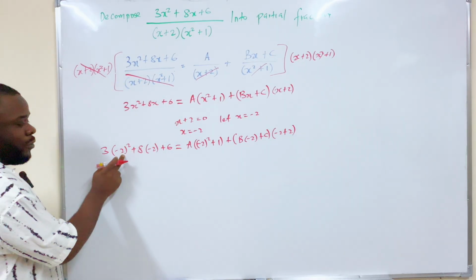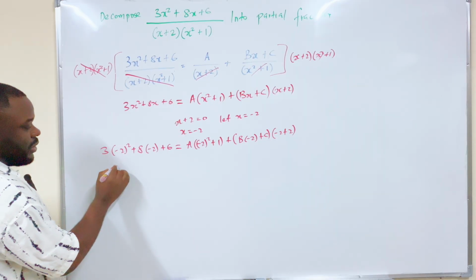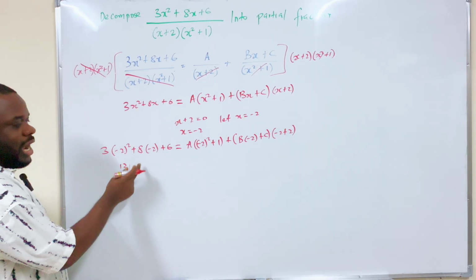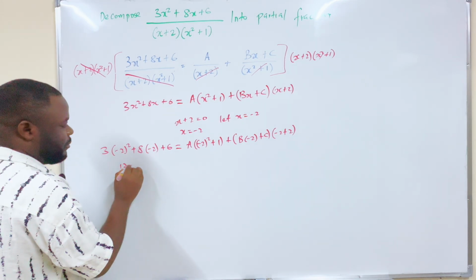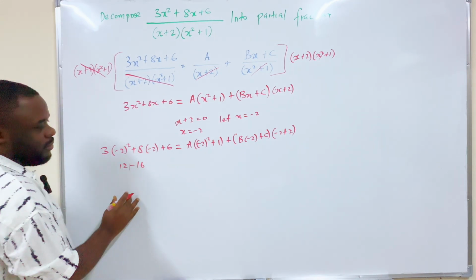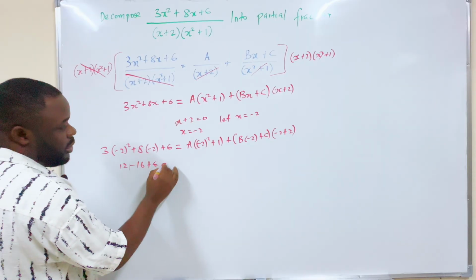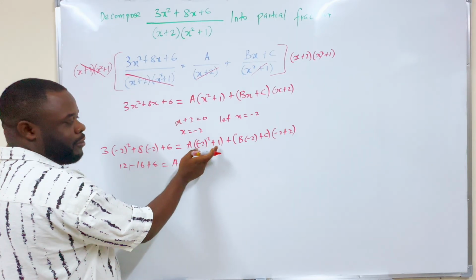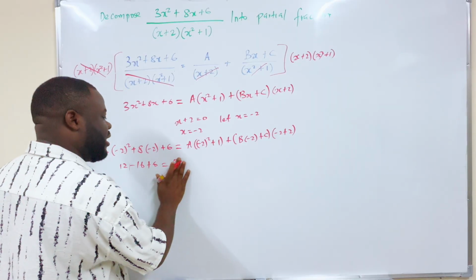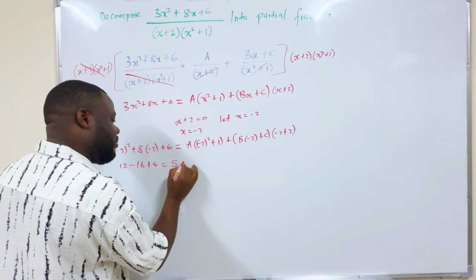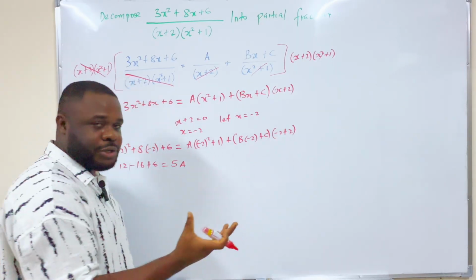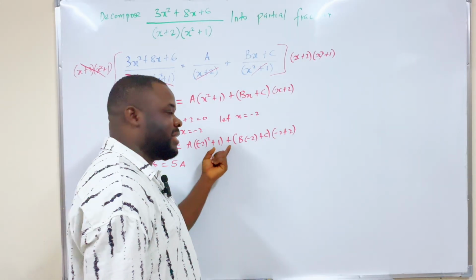Here we have 4 times 3, which gives 12. Then 8 multiplied by negative 2 gives negative 16. Then plus 6 equals A multiplied by 4 plus 1, which is 5, so 5A. Here negative 2 plus 2 is 0, so 0 multiplied by everything here is going to be 0.